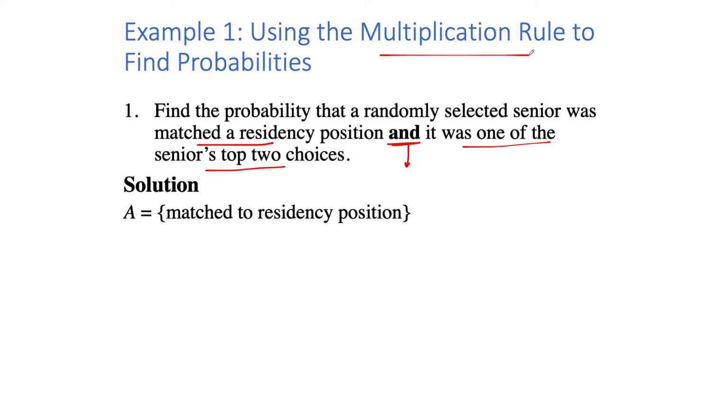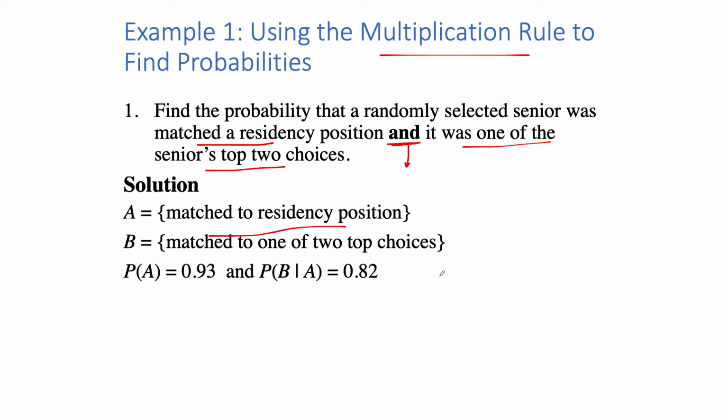Event A is just being matched into a residency position. Event B is being matched to one of your top two choices, right? The probability of getting matched into a residency position is 0.93, right? 93% of everyone who applied was matched. So this is 0.93, okay?